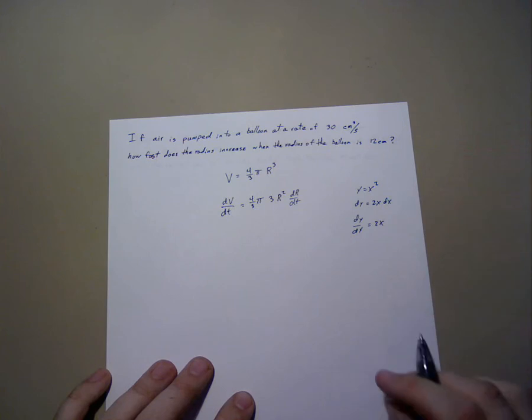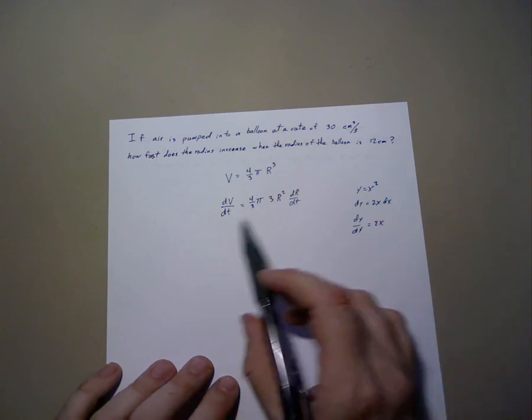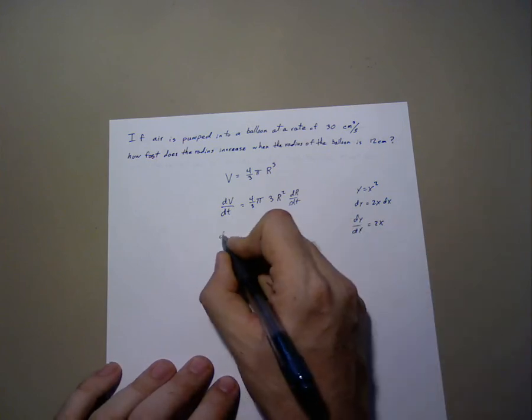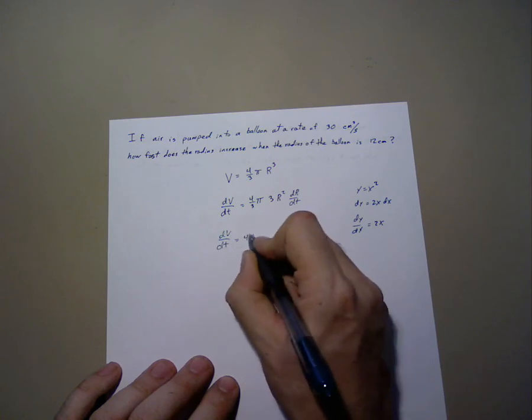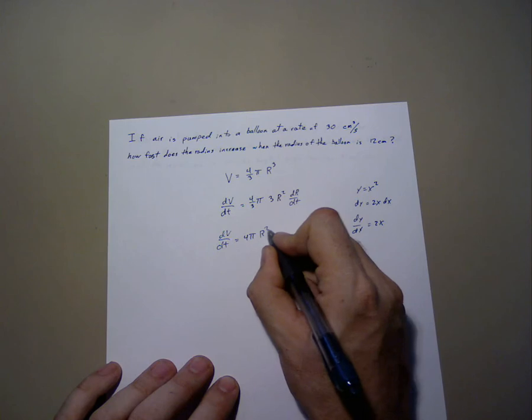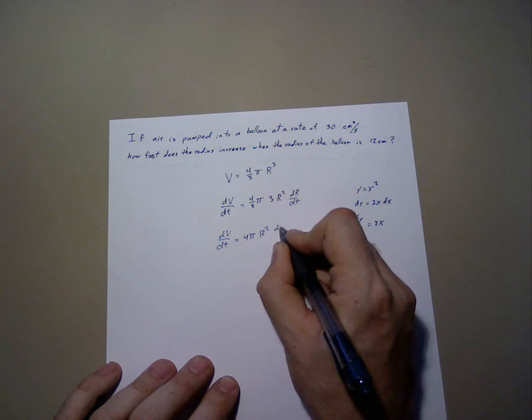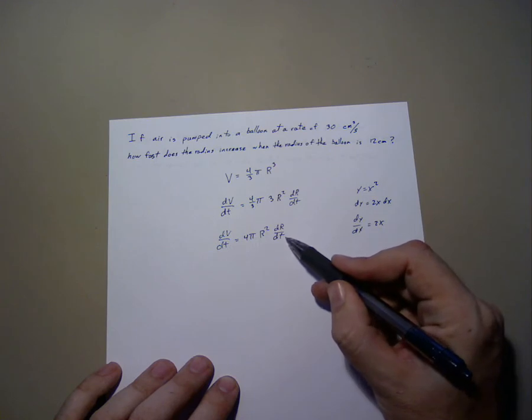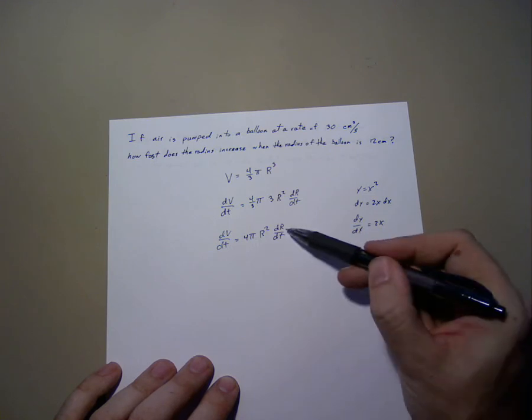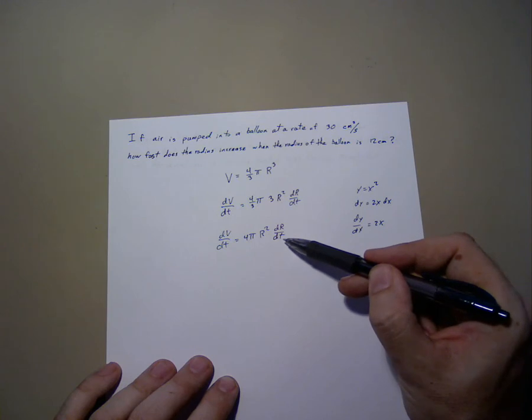Now, of course, we can simplify this equation first: 4 pi r squared dr/dt. We need to solve for dr/dt. That will tell us how fast the radius is increasing with time.